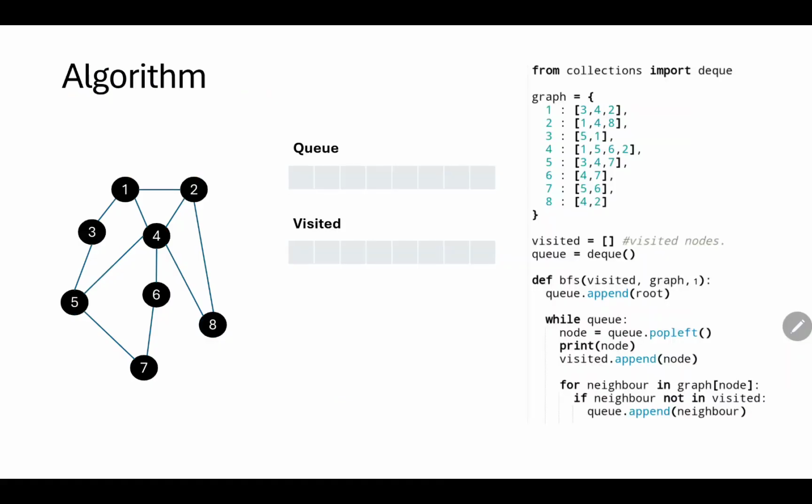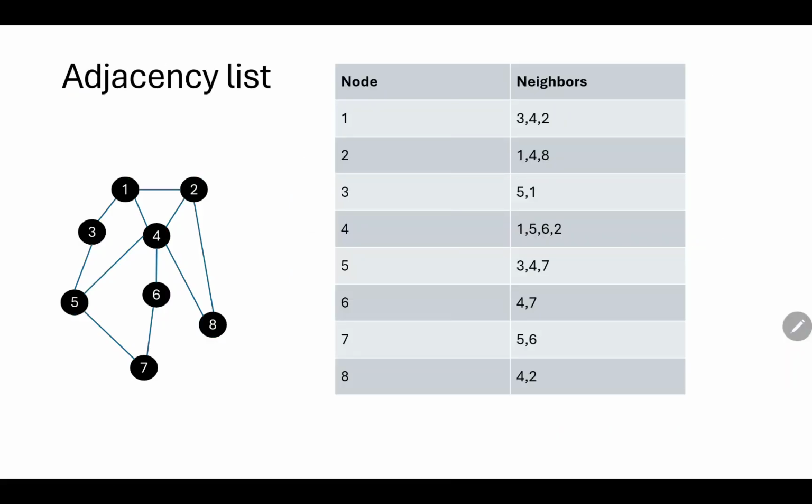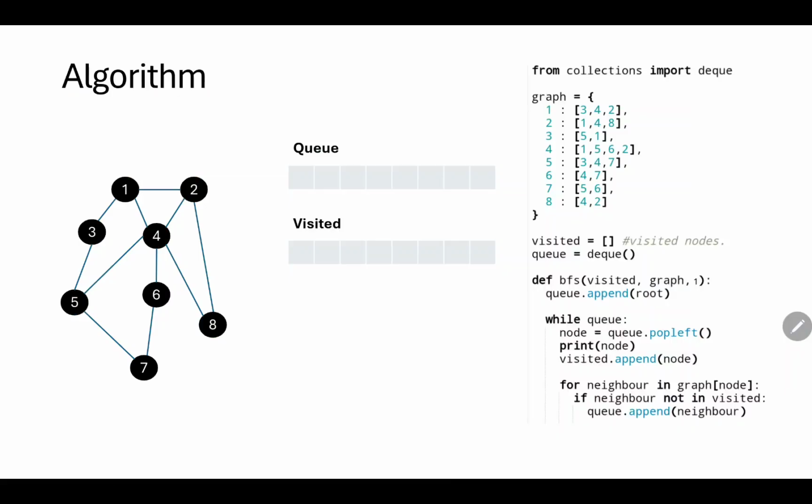So on the right-hand side is the implementation of the breadth-first search algorithm. The graph here is represented as a dictionary of adjacency lists. For node 1, as usual, this is just a dictionary representation of what we had in the previous slide. Like I said before, the main data structure in the breadth-first search algorithm is the queue.